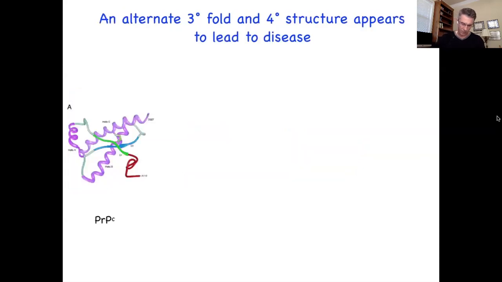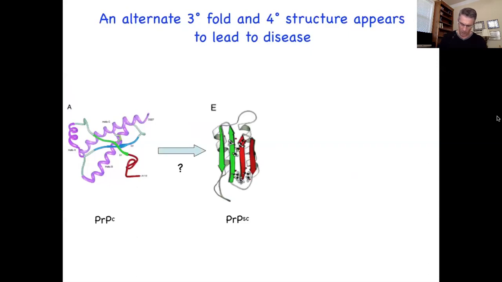But when this protein refolds to the so-called PrP-Sc form, that's the prion form, PrP-C is the form which is normal. Notice this protein is almost completely alpha helical. But when, because of mutations or stress or other conditions, it changes its conformational state, it refolds. And this same amino acid sequence is compatible with a fold that's very enriched in beta sheet. And this is the kicker.